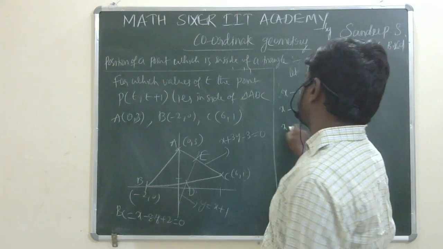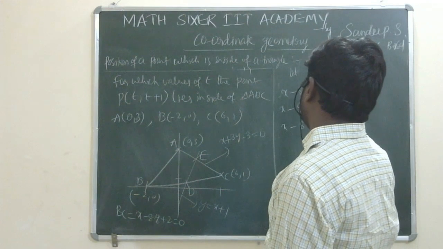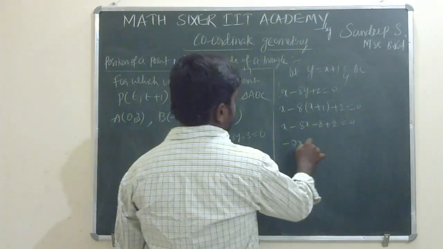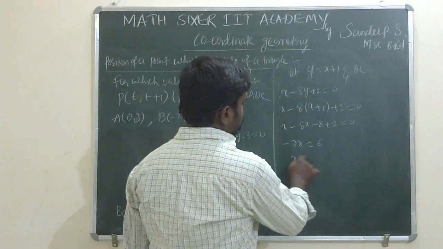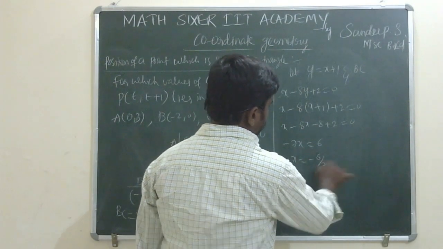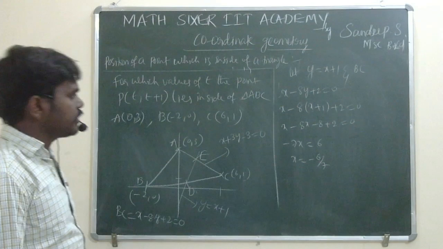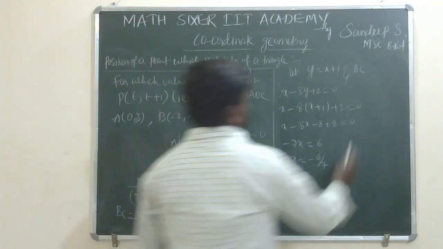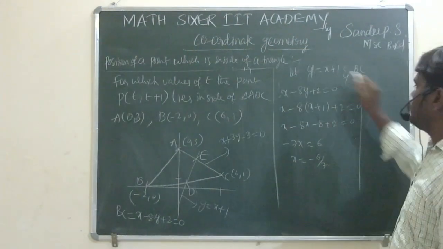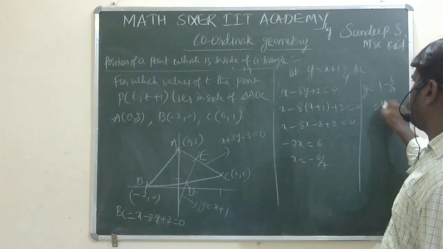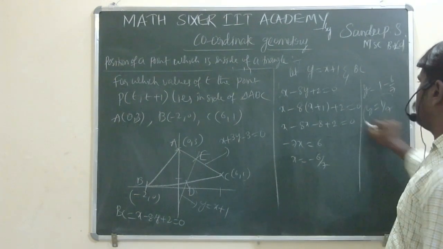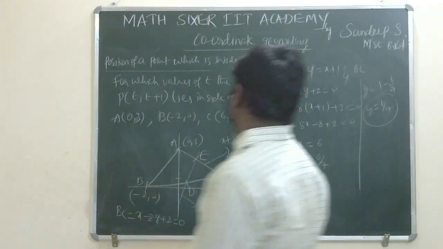That means x minus 8x minus 8 plus 2 equals 0, so minus 7x equals 6, that is, minus 6 becomes plus 6. So x equals minus 6 by 7. Now substitute this value in y equals x plus 1 to get the y value: 1 minus 6 by 7 is 1 by 7. So now we can write point D.